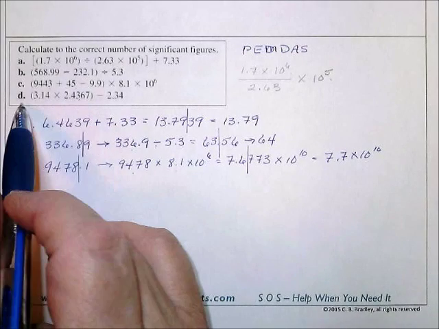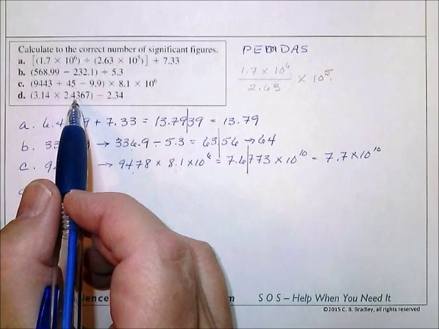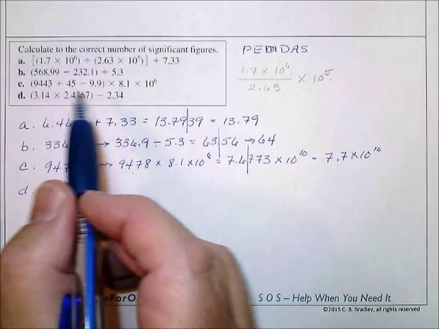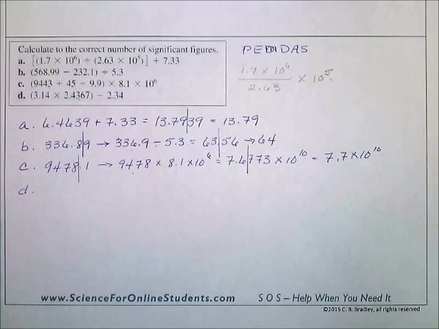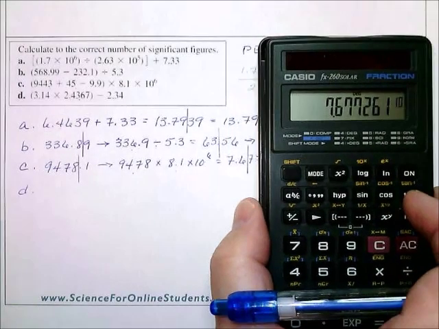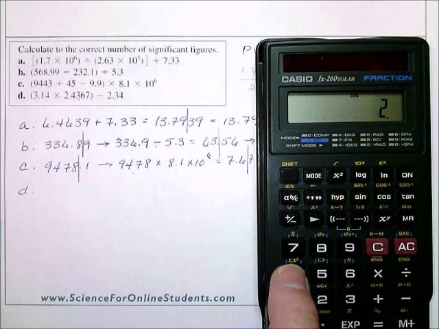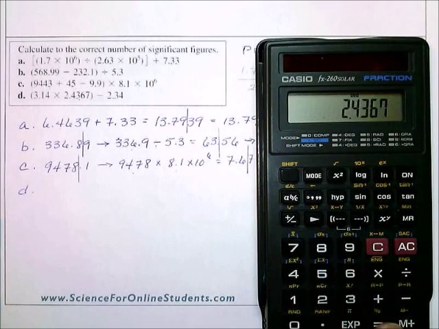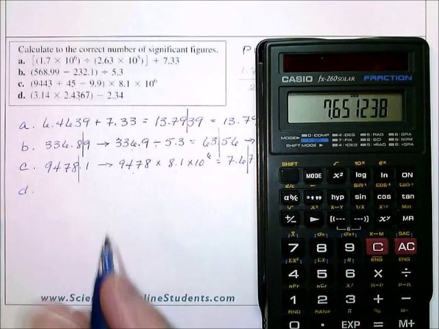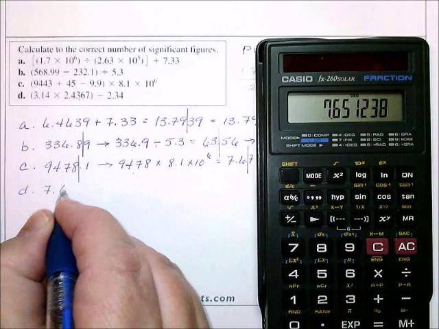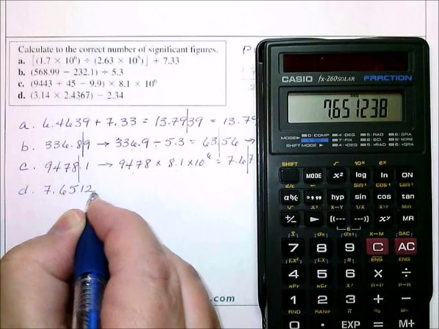Multiplication inside parentheses. This is not scientific notation, it's a straight multiplication. And then from that quantity we subtract 2.34. 3.14, like a shortened pi, times 2.4367 equals 7.6512.